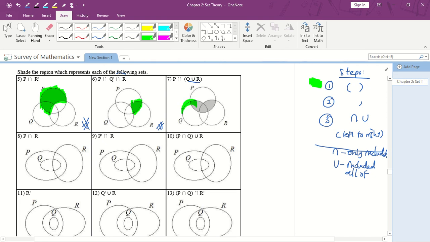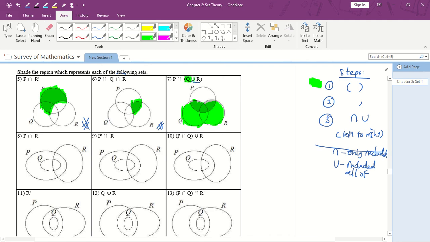So Q union R. So it shouldn't be outside of the region. Okay, just write it down nicely. Q union R.